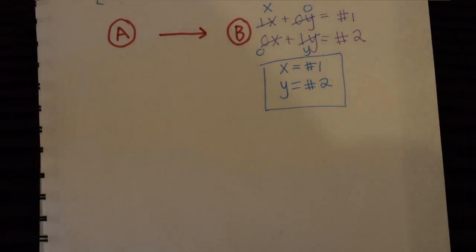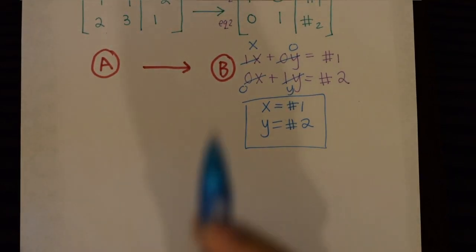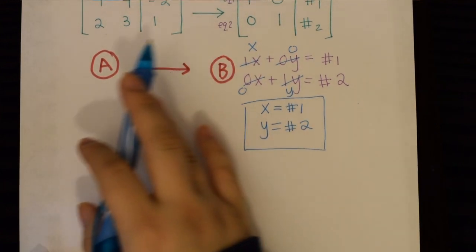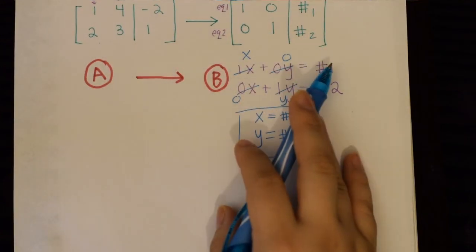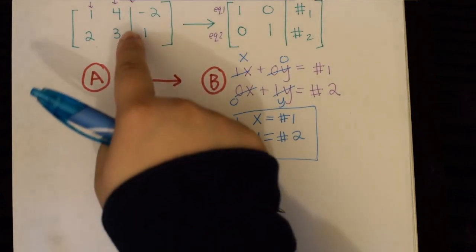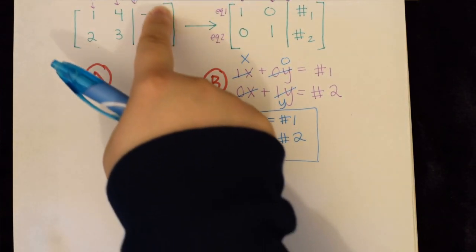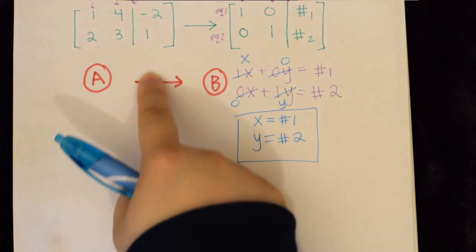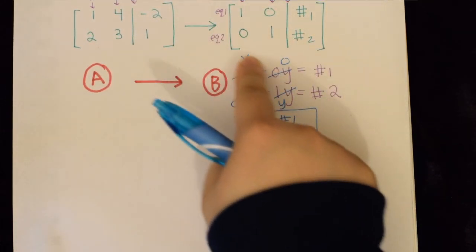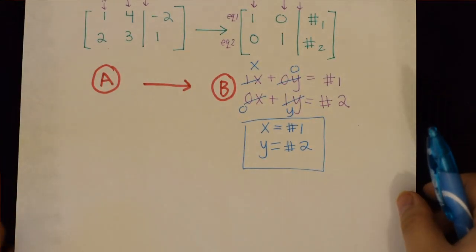So last time we set that up, and then we also started developing the idea that our goal is now to take our matrix and get it into something that looks like this.